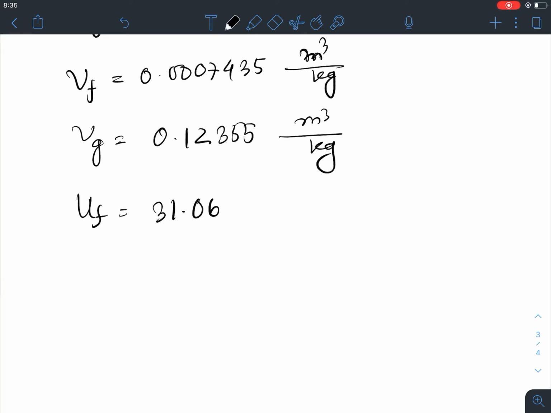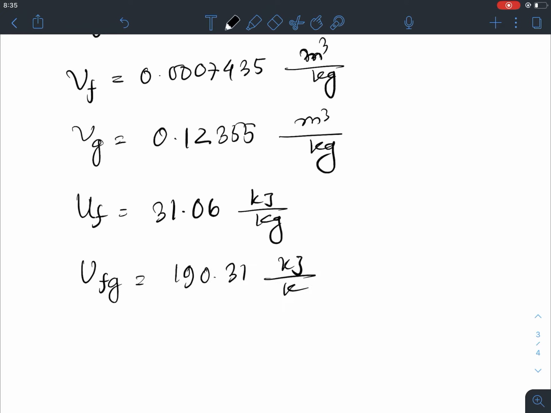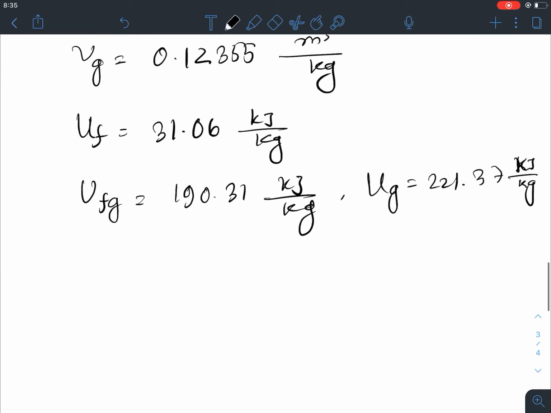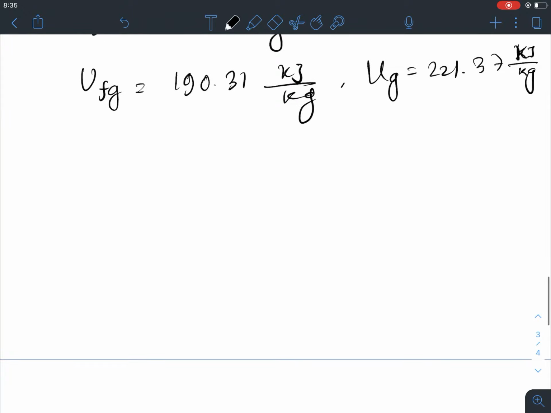And the internal energy, uf, equals 31.06 kilojoule per kg, right? And ufg equals 190.31 kilojoule per kg. And let's write ug as well, which is 221.37 kilojoule per kg. Okay, so we have all this information.